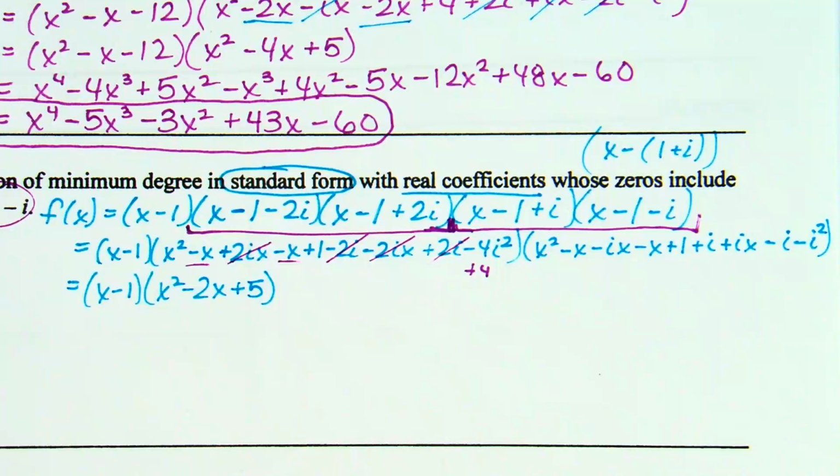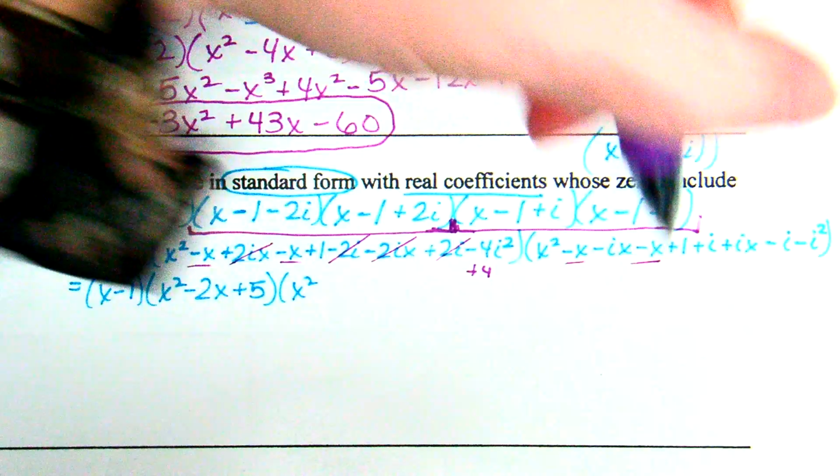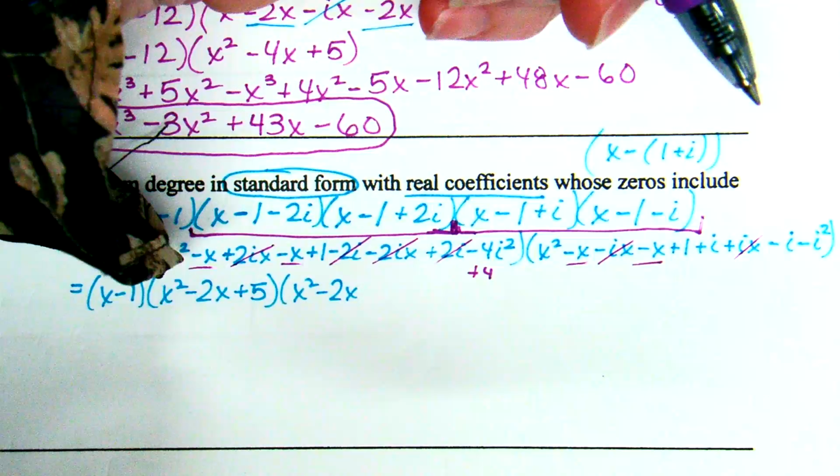Clean up the next one. Yeah, x squared should stay. Minus x should be minus 2x again. Minus ix plus ix canceled, plus i minus i canceled.